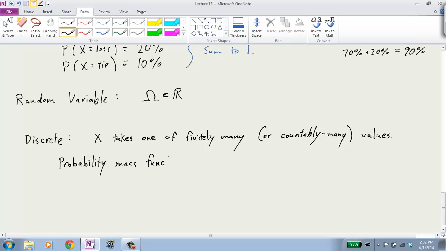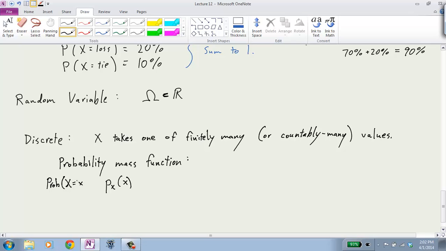And this is just a concise way of expressing what all the probabilities are for this random variable. Okay, so we might call it P sub x to represent that this is the probability mass function for the variable x. And what it means is that the probability that x, the random variable x, in the end takes a specific value, little x.